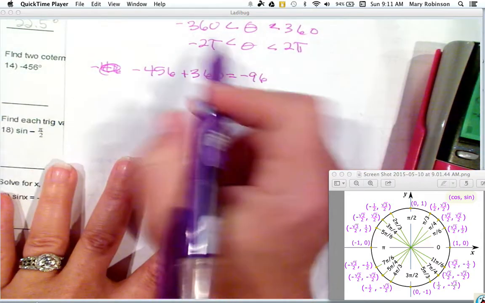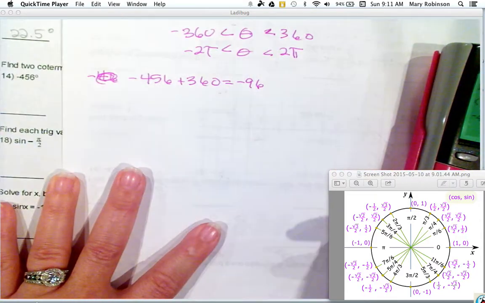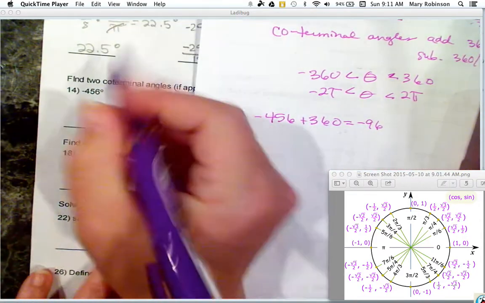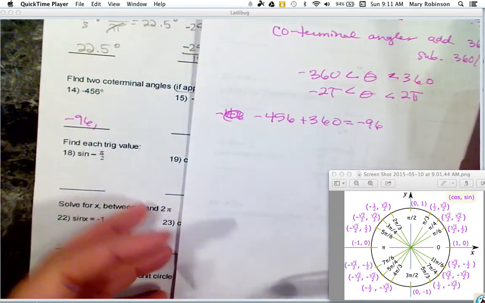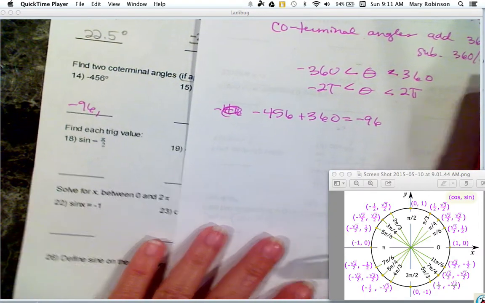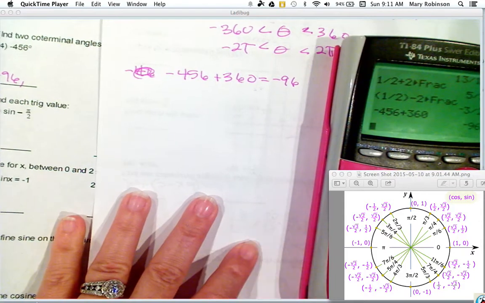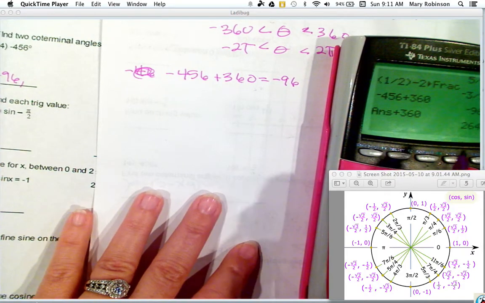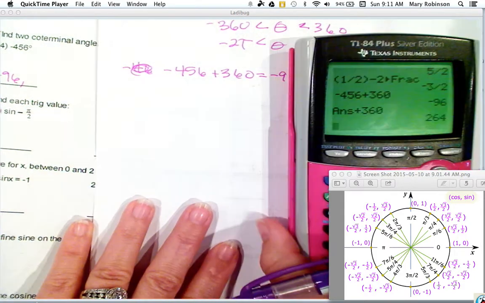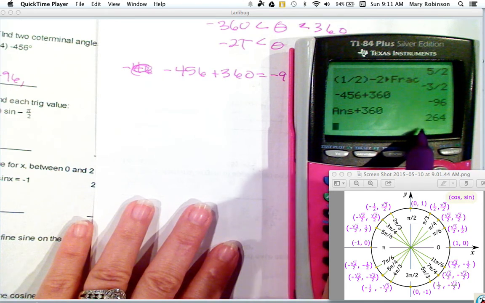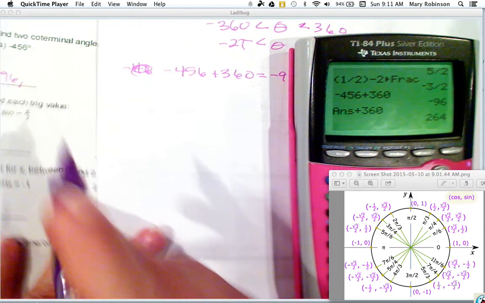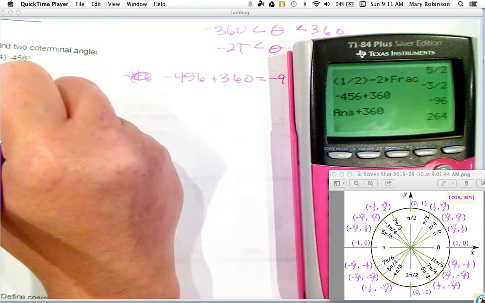Because that is in between negative 360 and 360, I'm going to list that as an answer. But our job is to find 2 if possible. If I have a negative number and I add 360, I'm going to have a positive number, but it will be less than 360. So that is also another coterminal angle. So I also list 264.